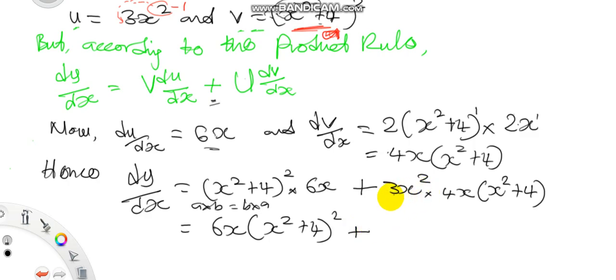Plus, now we have 3x squared multiplied by 4x. So 3 times 4 gives us 12, and x times x squared gives us x cubed, multiplied by x squared plus 4. So we have simplified our derivative.